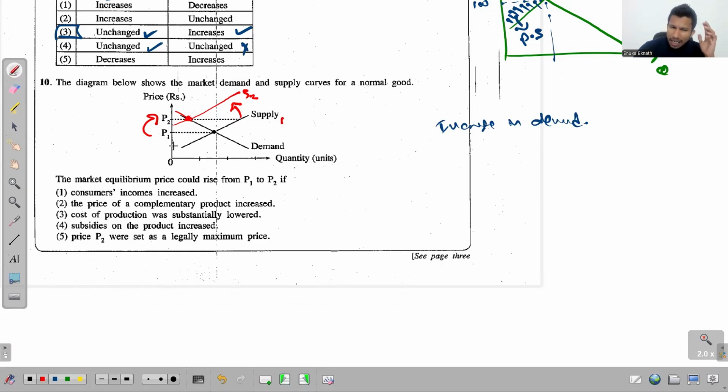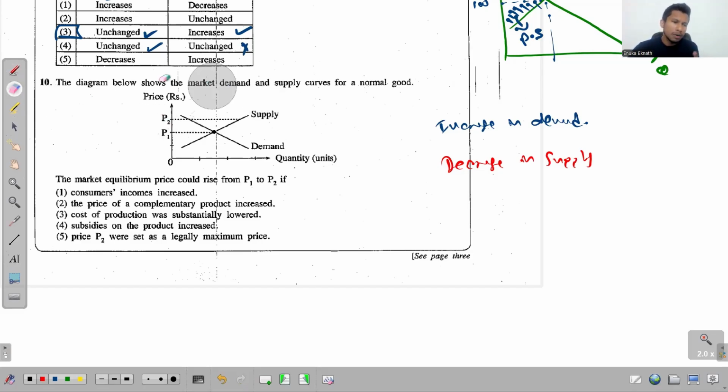What the question says happens here too, if the supply curve gets shifted to the left side, which means if supply decreases. So let me write decrease in supply. With either of these two, what will happen in the market? The equilibrium price will move from P1 to P2. So we understood that either the demand must increase, if not the supply must decrease. If either of these two happens, this will happen.